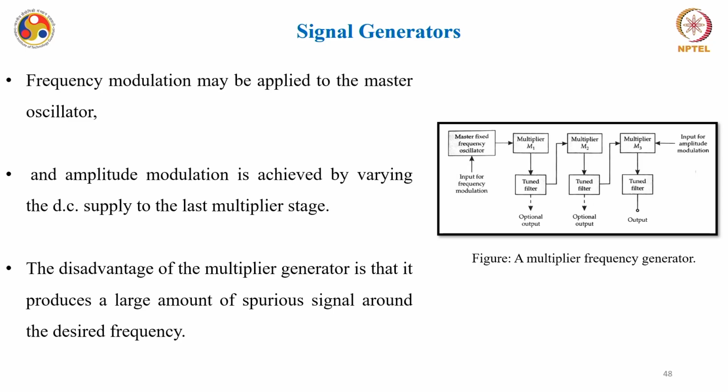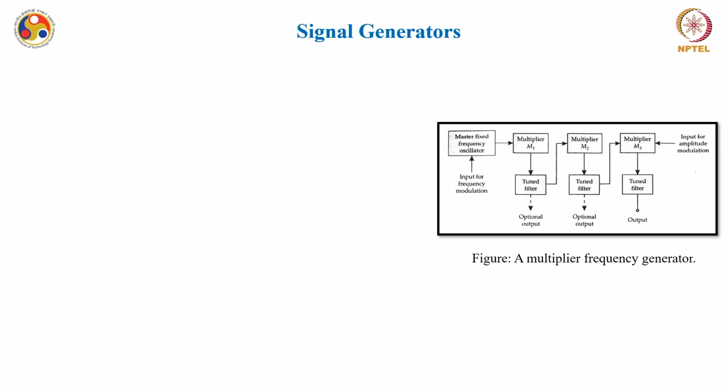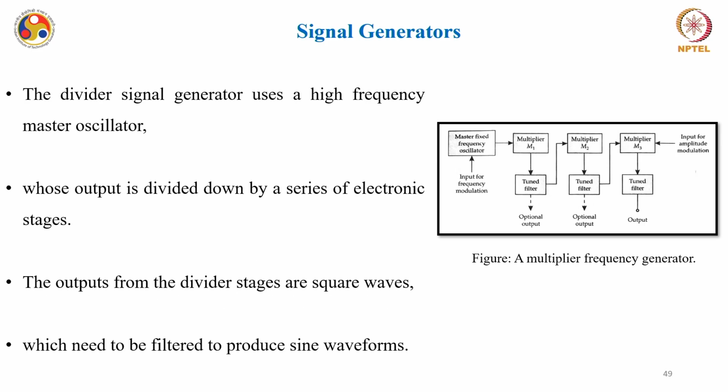Frequency modulation may be applied to the master oscillator, and amplitude modulation is achieved by varying the DC supply to the last multiplier stage. The disadvantage of the multiplier generator is that it produces a large amount of noise signal around the desired frequency.